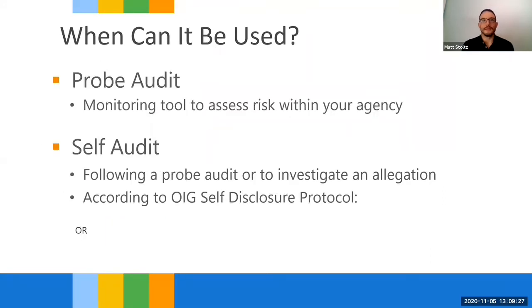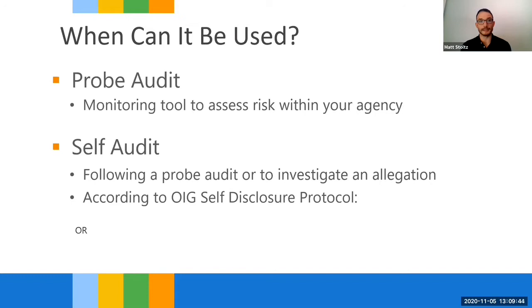So when can we use sampling, or RAT-STATS rather? In probe audits. Some of you in the provider network may be familiar with CBH compliance, our use of probe audits for assessing risk.